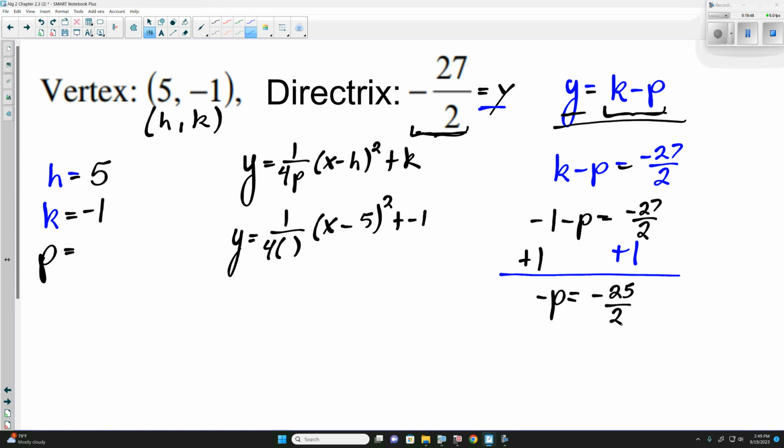Yes. Now we can get there by dividing both sides by -1 or multiplying both sides by -1. But I really need to change p from negative to positive. If I change the sign on one side, I have to change the sign on the other.